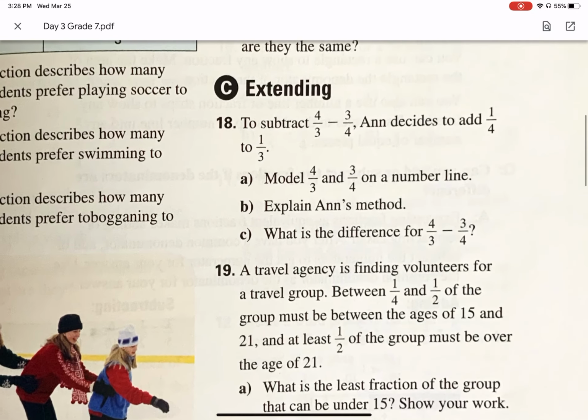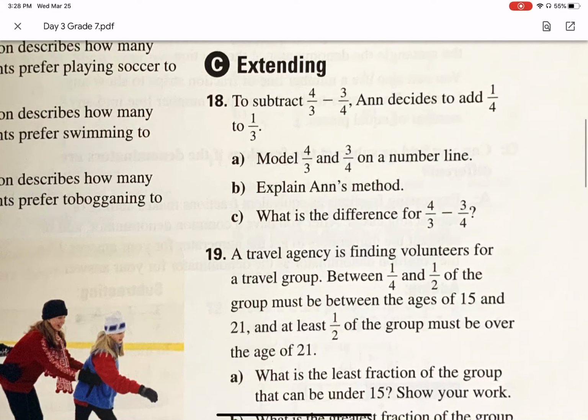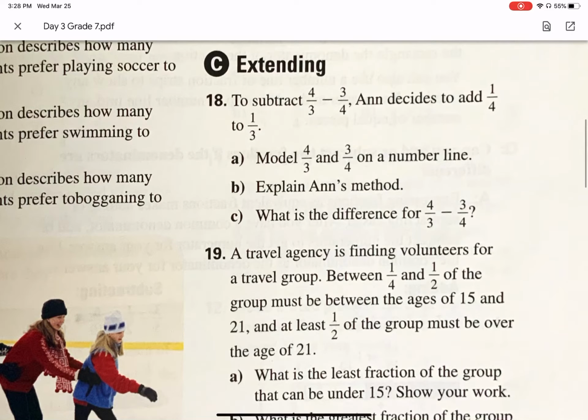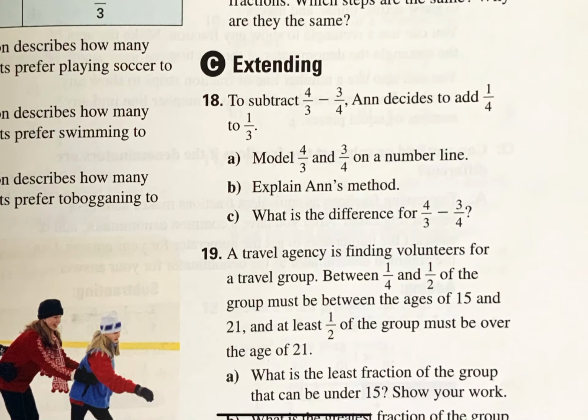One of the questions here is, for example, to subtract 5 over 3 from 3 over 4. I think they're referring to 4 over 3, right? If I ask you what kind of fraction this is, it's an improper fraction, which is 1 and 1 over 3, a mixed number.